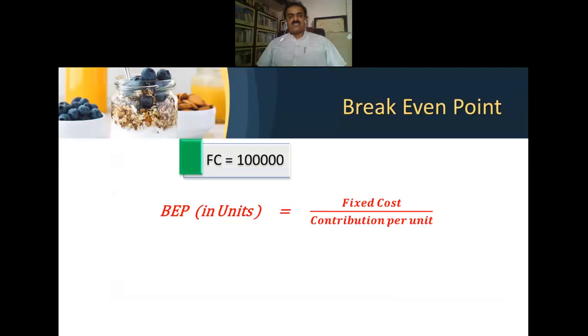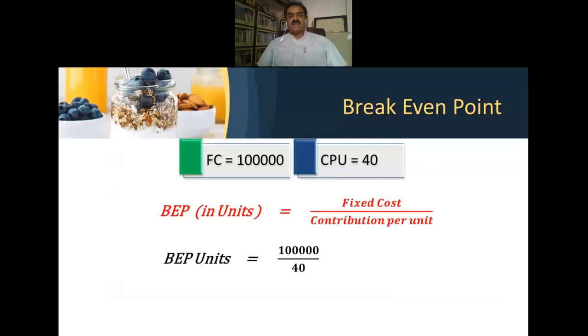So fixed cost was 1 lakh rupees and contribution per unit we have derived as 30 rupees, that is 120 minus 90. Therefore, break-even point in units equals 1 lakh divided by 30 rupees. Otherwise, the total break-even sales divided by the selling price, you will get break-even units as 2500 units.